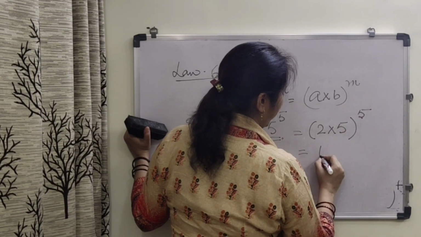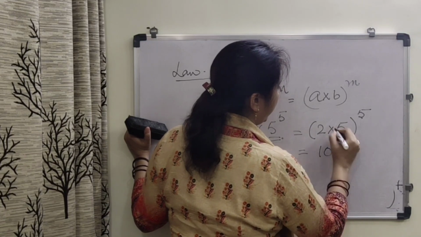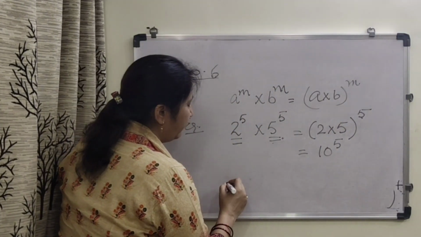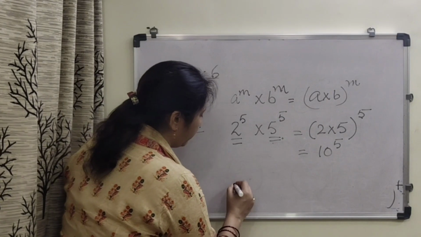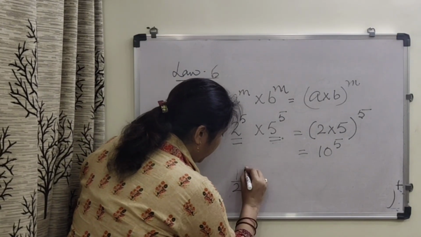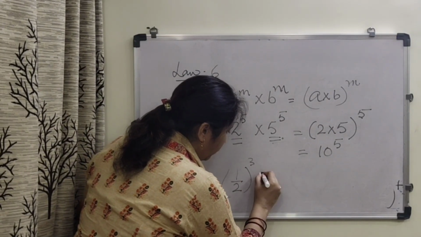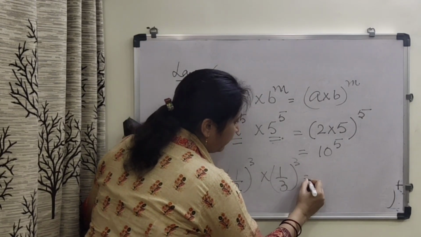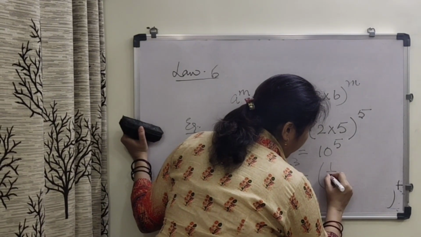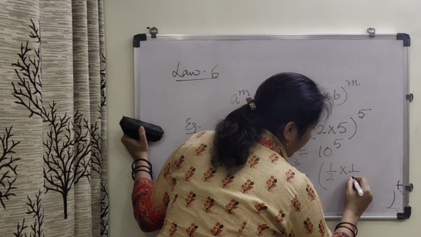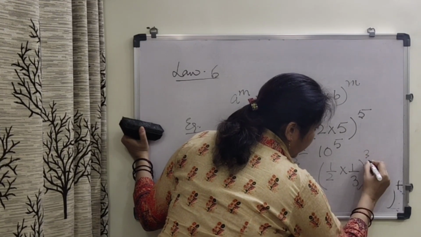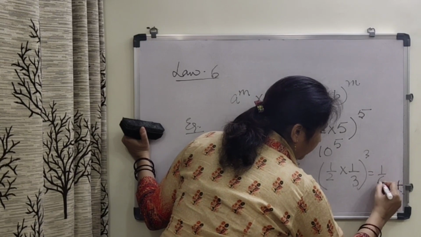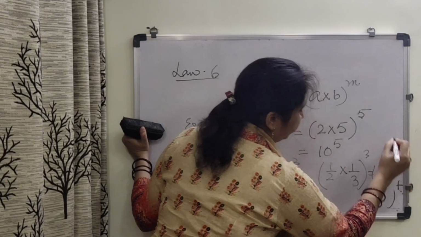So, it is 10 to the power 5. Likewise, you can have for rational number also. 1 by 2 to the power 3 into 1 by 3 to the power 3. The result would be in a bracket 1 by 2 into 1 by 3 whole to the power 3, that is 1 by 6 to the power 3.